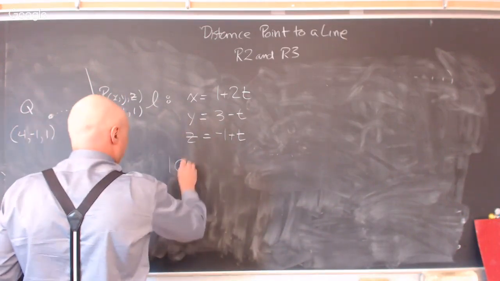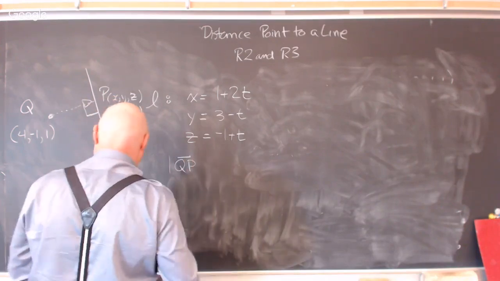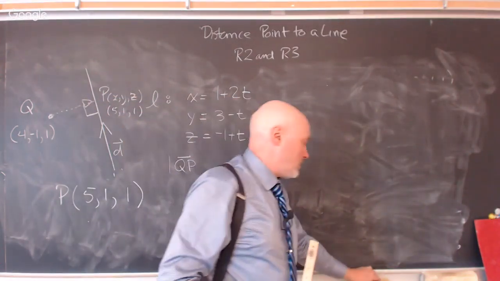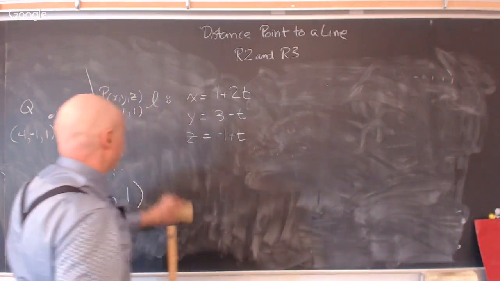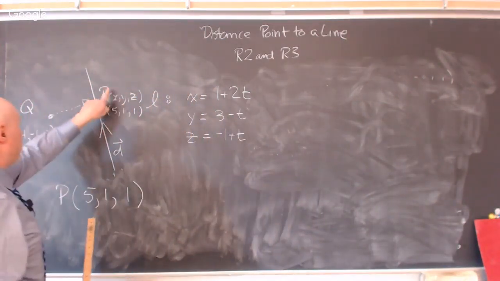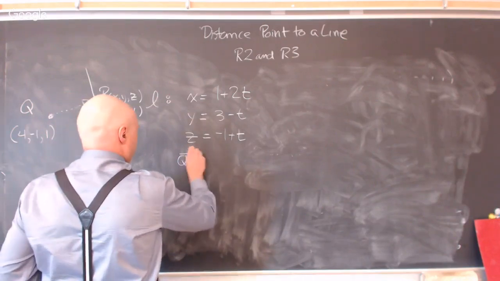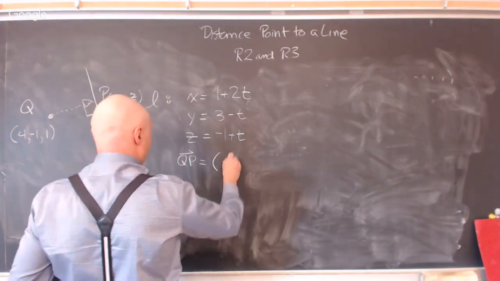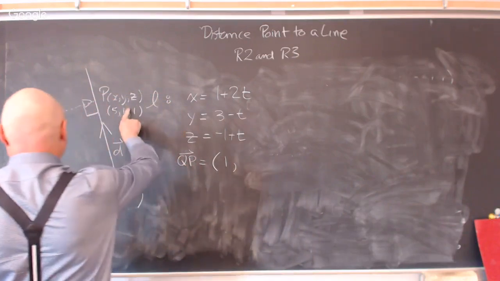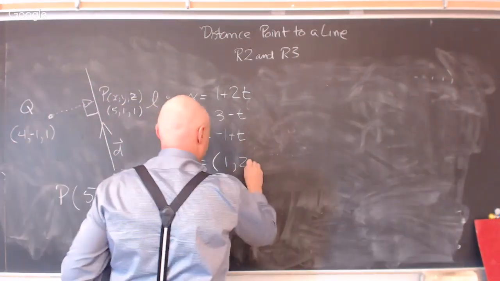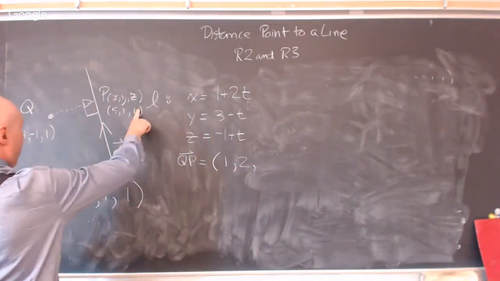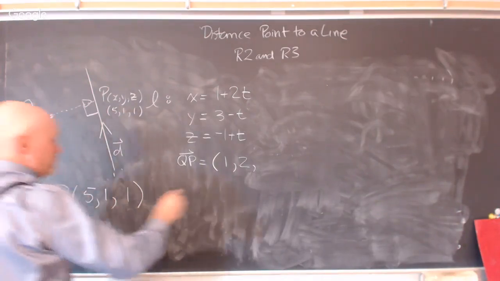Let's just do QP all by itself first, and then we'll find its magnitude. So I have to do the tip minus the tail. So QP as a Cartesian vector is 5 minus 4, it's 1. And then 1 minus negative 1, so it's 2. And then 1 minus 1 is 0.